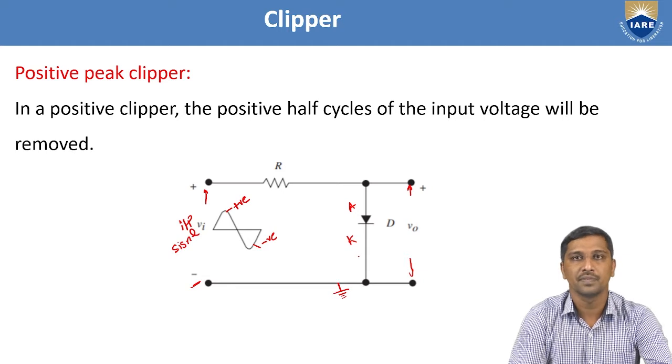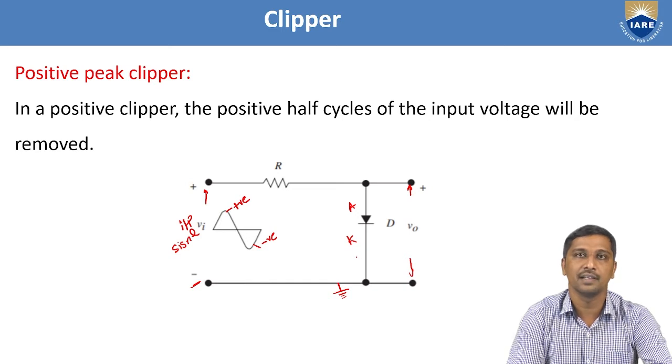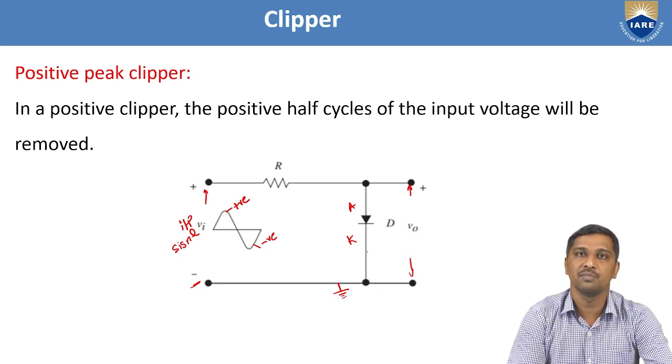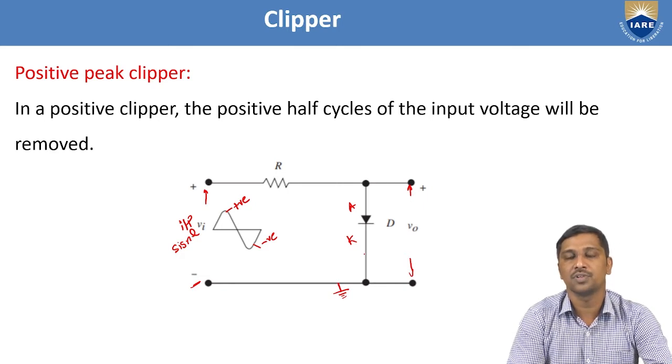A positive peak clipper removes or attenuates the positive portion of the given input signal and allows the negative portion. Now we are going to observe how it removes the positive portion and how it allows the negative portion of the given input signal.